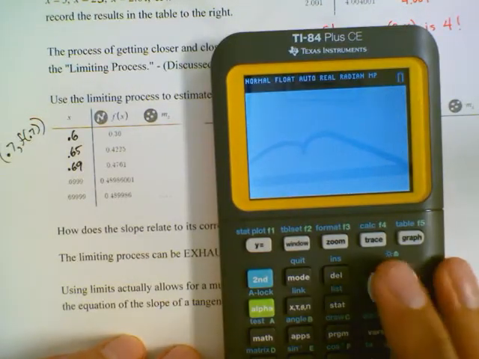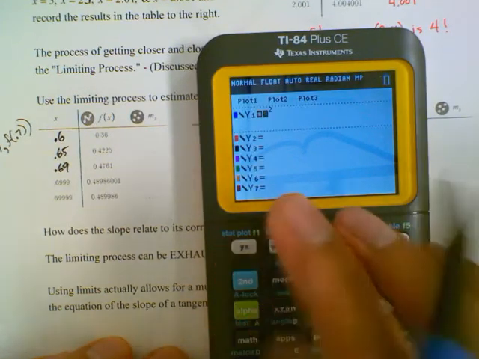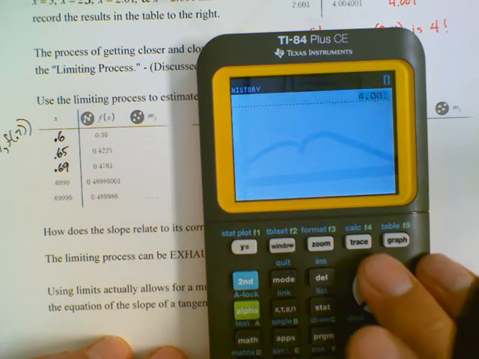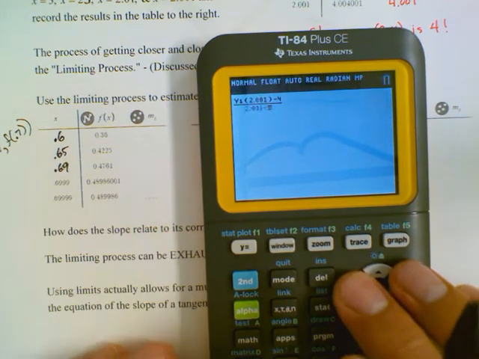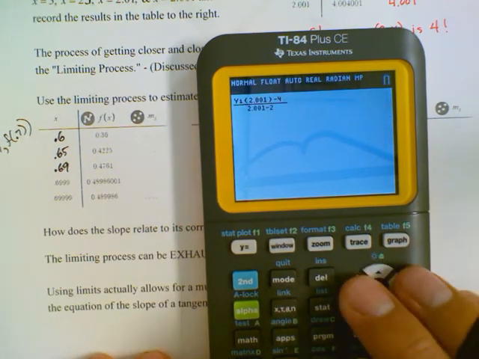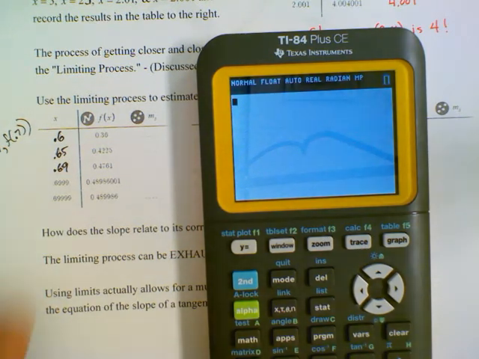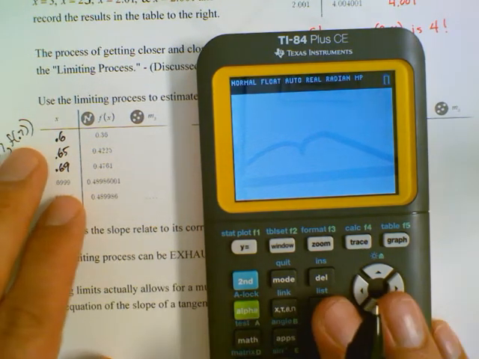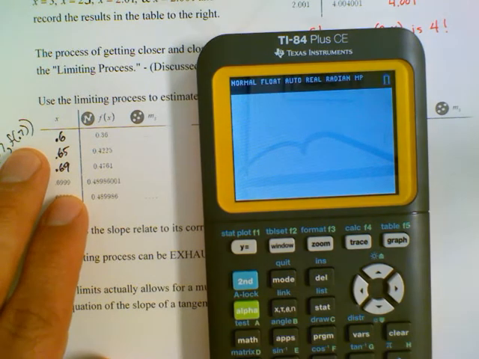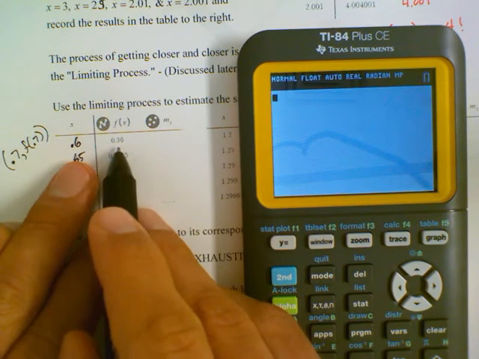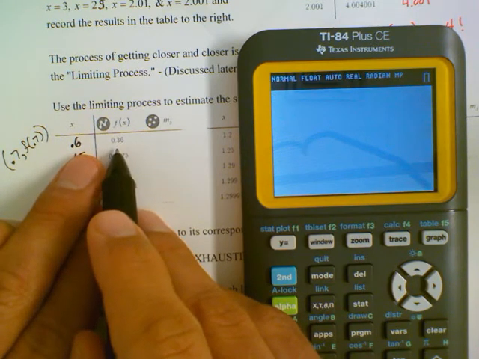All right, so I'll do this one more time. So I still have my x squared function, and I still have these entries that I've made before. If the first point is 0.7 and f of 0.7, then our other point would be 0.6 and 0.36. So I'm finding the slope of that.